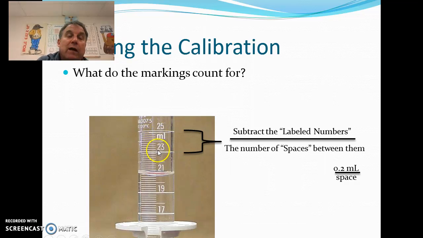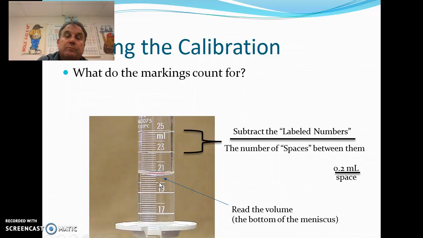So that's 25, that's 23, that's 21. So this would be 20. So it'd be 20.6 milliliters. And since it's right on the line, the estimated digit would be 20.60. So how many sig digs would be in this measurement? Well, let's hold off on that until we learn how to count zeros.